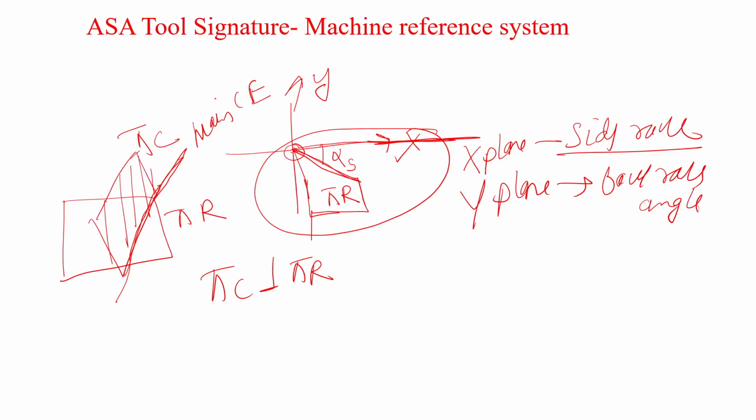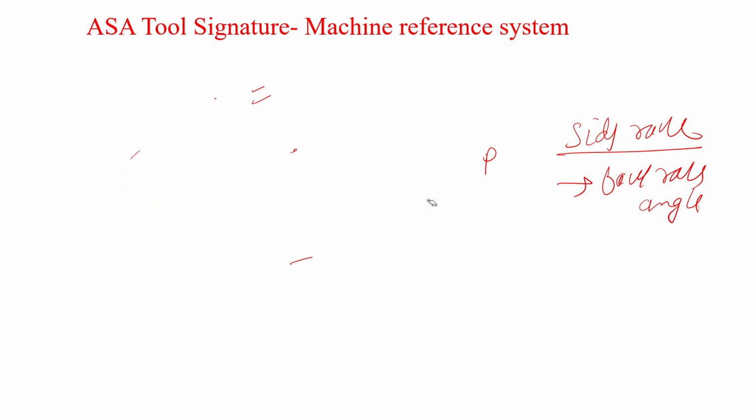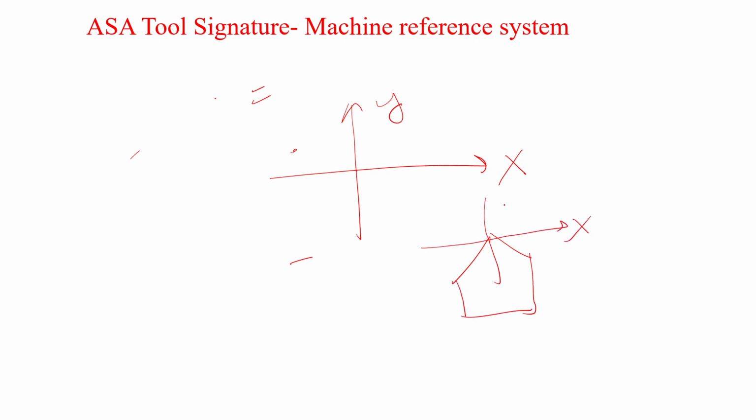Similarly, there are two more angles which are called the side cutting edge angle and the end cutting edge angle. So see, if this is the plane, this is x, this is y, and we have a tool like this. This is the main cutting edge, and this is the auxiliary or the minor cutting edge.